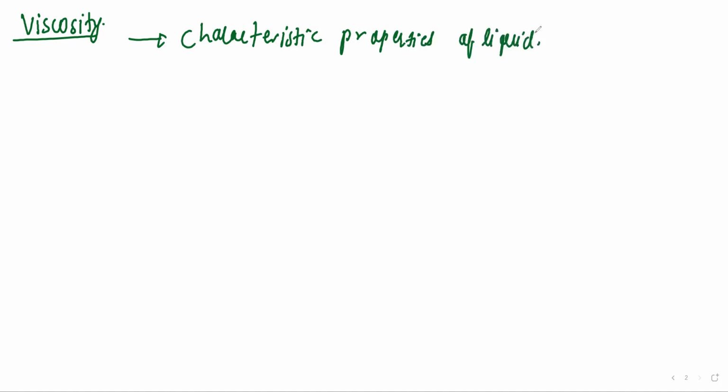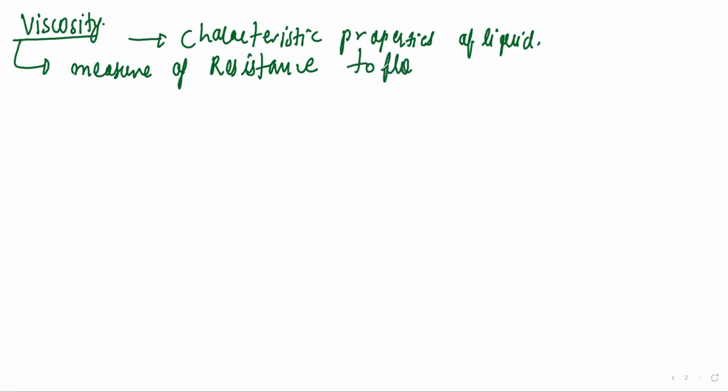Viscosity is the measure of resistance to flow. So what does it give? It resists the flow of liquid. So it is a measure of resistance to flow which arises due to the internal friction.